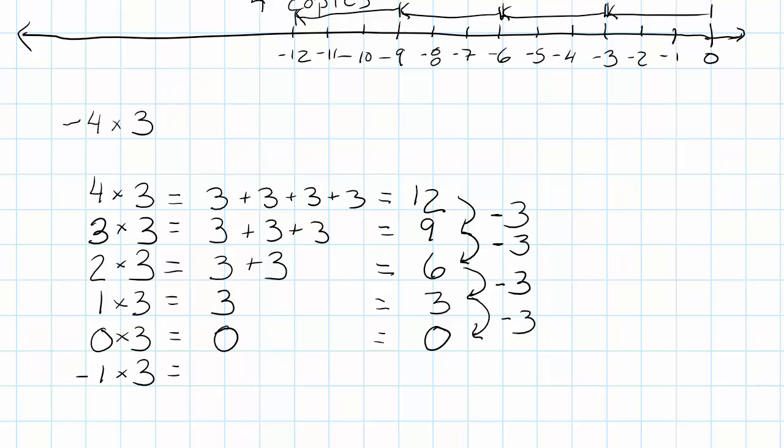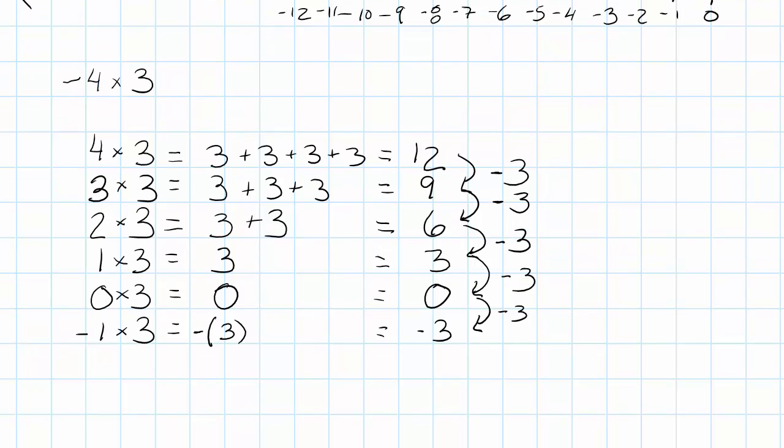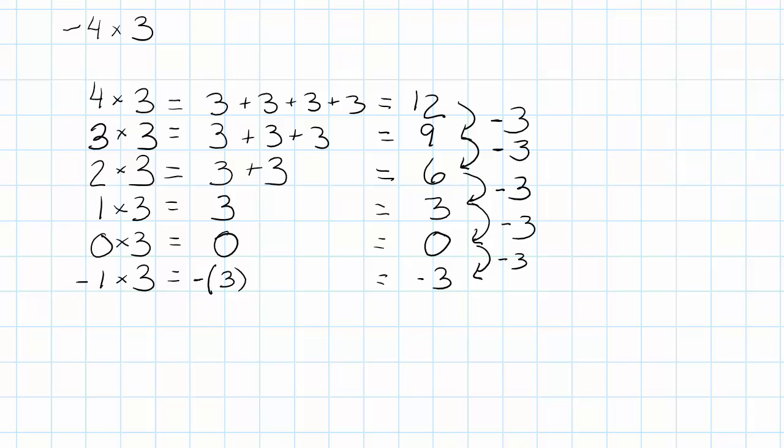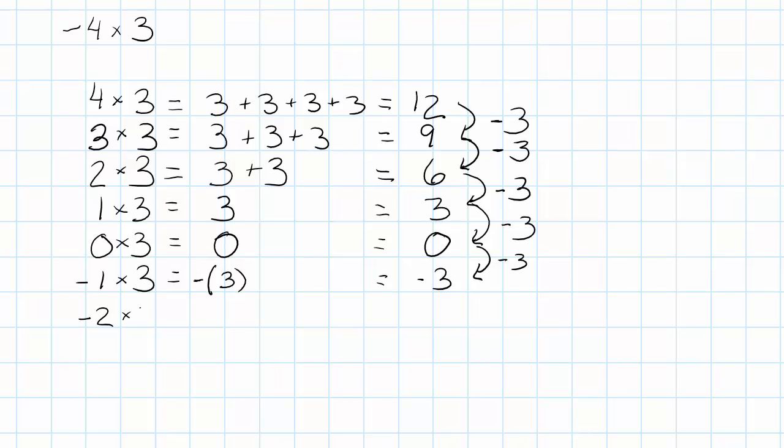Well, we take away a 3. Negative 1 times 3 must be negative 3. Right? Negative 2 times 3, that must be that negative 3, take away another 3.